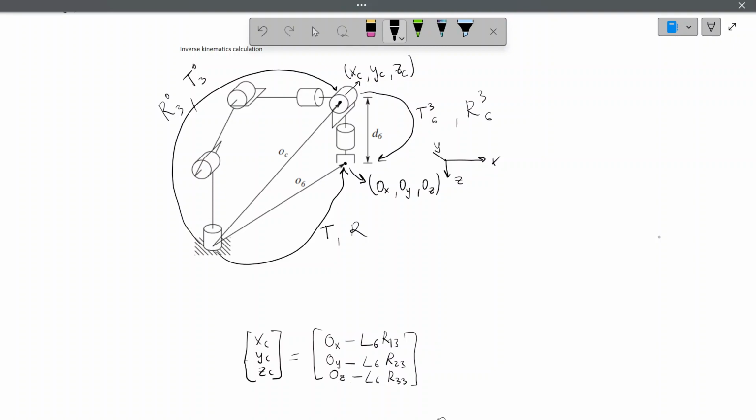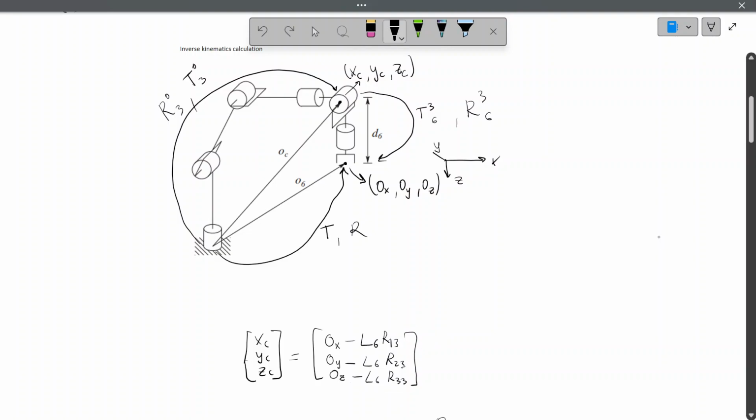So if we only have this configuration, here there will be just the Z displacement, because X, Y don't change. So this part for this configuration will be 0, 0, and here minus L6, just for this configuration.